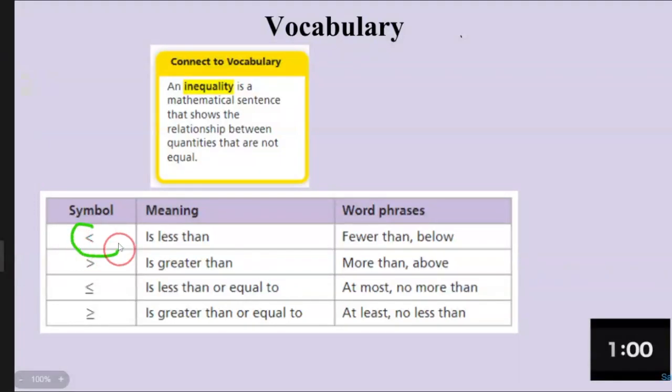Keyword phrases to look for in word problems are fewer than or below, and we would know to use the less than symbol. Greater than is the next symbol, and keyword phrases to look for here are more than or above.